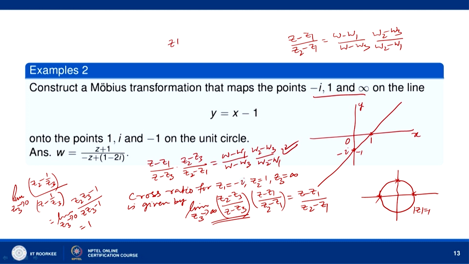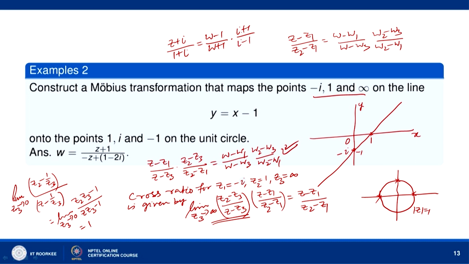So, (z plus i) over (z2 minus z1), that is 1 plus i, equal to (w minus w1), so w minus 1, divided by (w minus w3), so w plus 1, and then w2 minus w3, so i plus 1, and then w2 minus w1, so i minus 1.